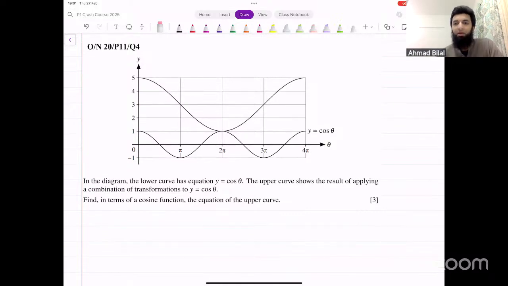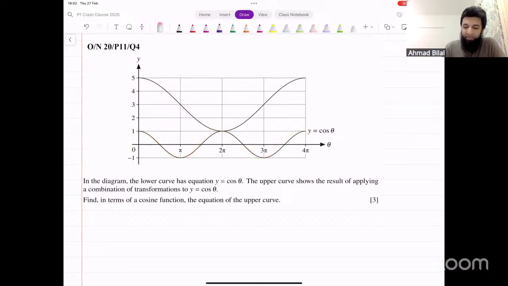Now, what we should do first is figure out what transformations are being applied here. First of all, let's think about the vertical transformations. This lower graph is the original cos graph, right?